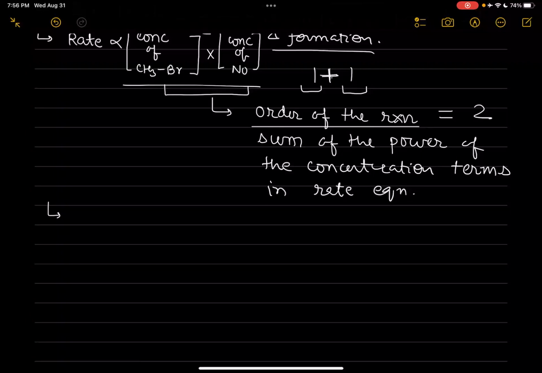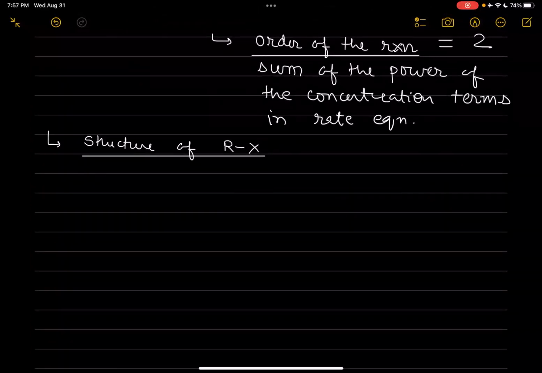Okay, but apart from the concentration, the rate also depends upon the structure of RX. Structure of RX, okay, means how the structure of RX is changing.